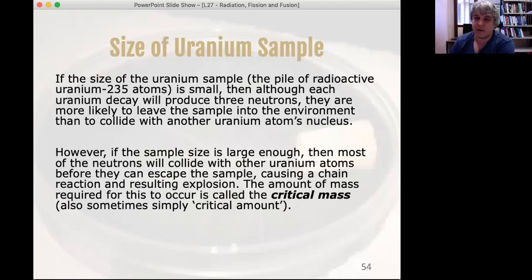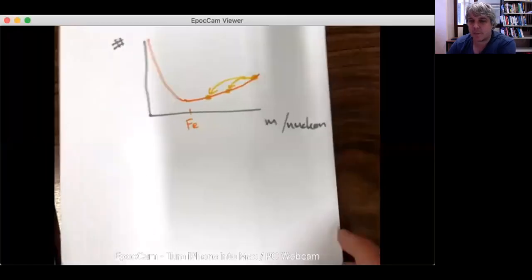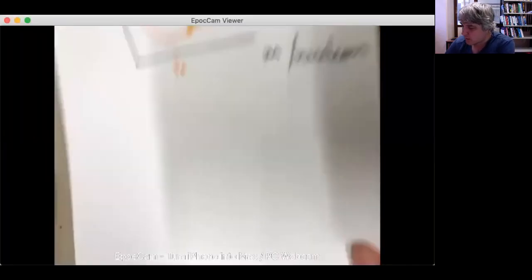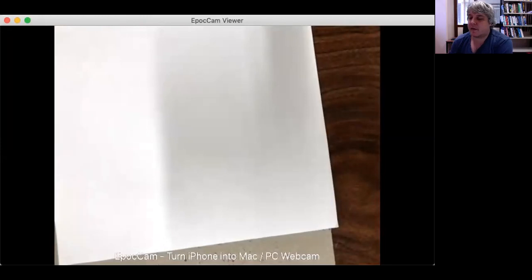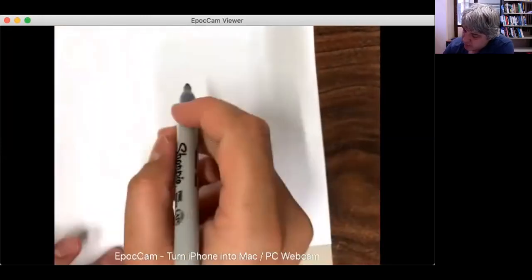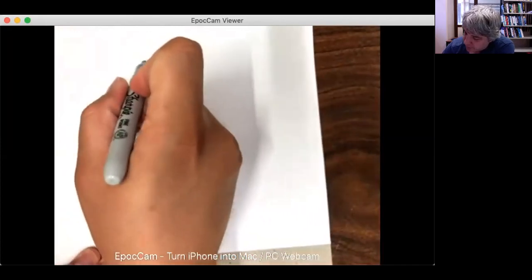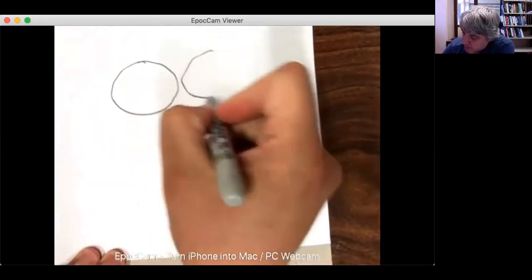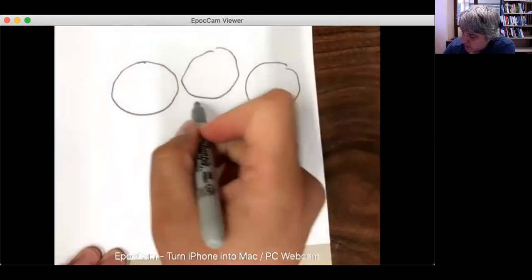So I'll go back to the document camera for a moment, to hopefully make clear what I mean by this. Remember that our atoms are huge and the nuclei are the size of a pea in a football stadium. So we've got a sample of uranium. Here's a whole bunch of uranium atoms. They're all stuck together.